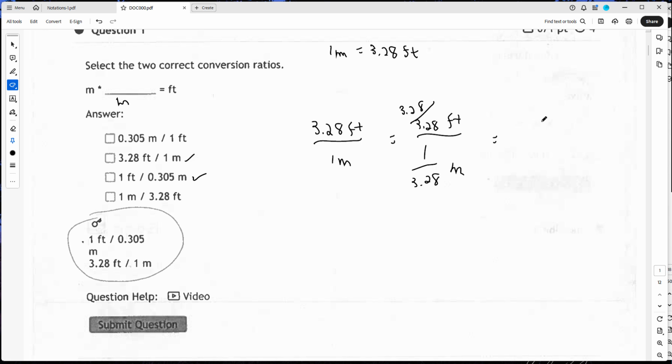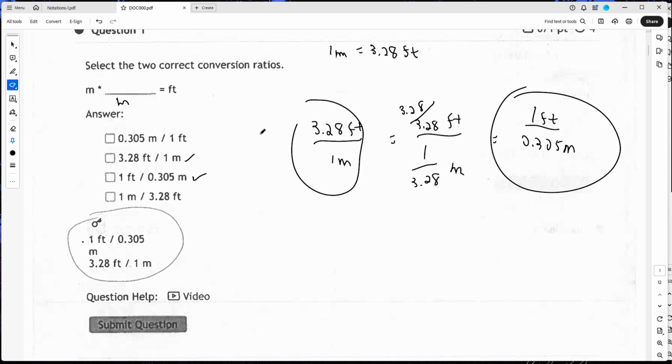And that would give us the other one: 1 foot is to 0.305 meters. So there's one answer, and there's the other answer.